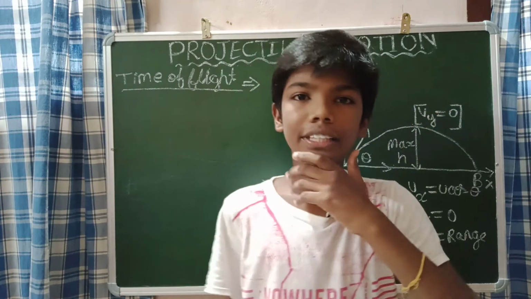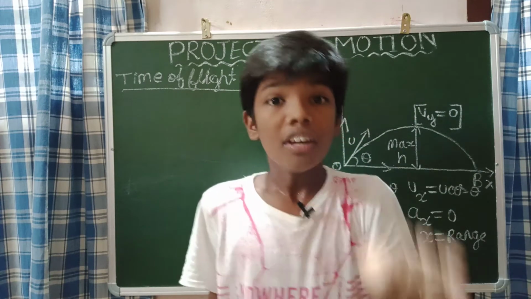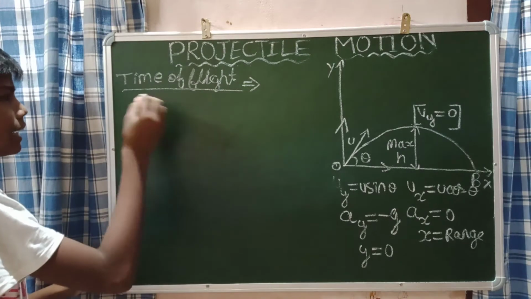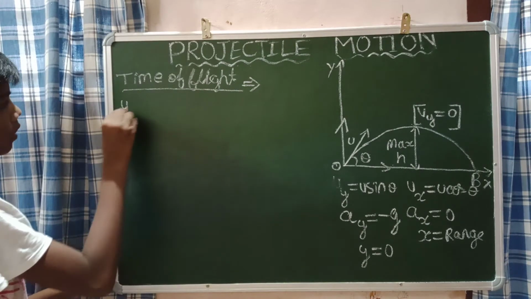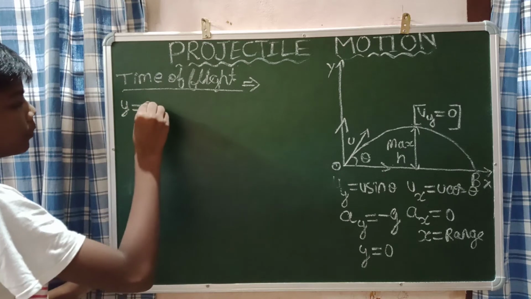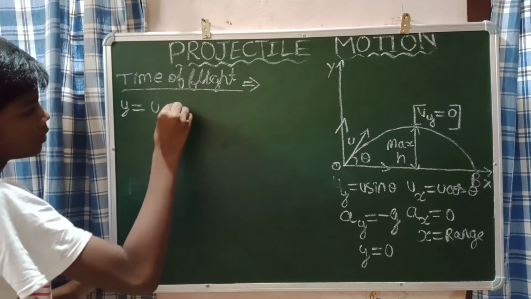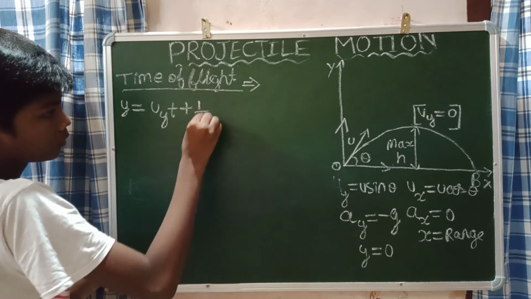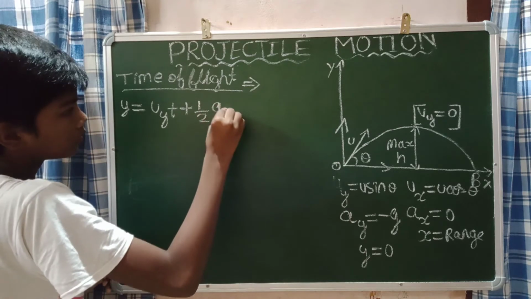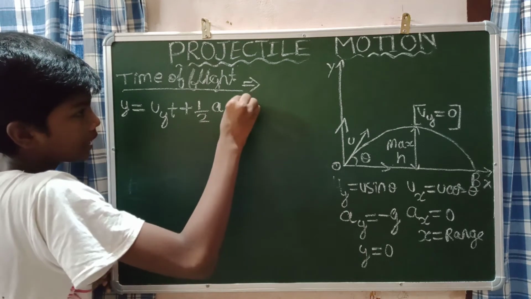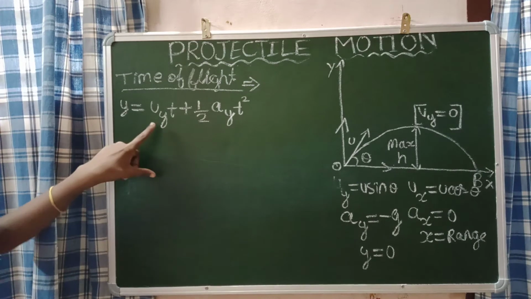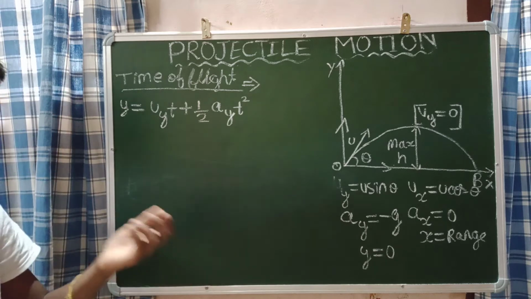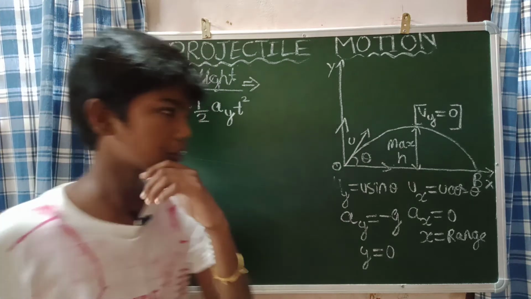What is the second kinematic equation based on the y component? y is equal to the y component of initial velocity into t, plus half into the y component of acceleration into t square. This is the second kinematic equation based on the y component.